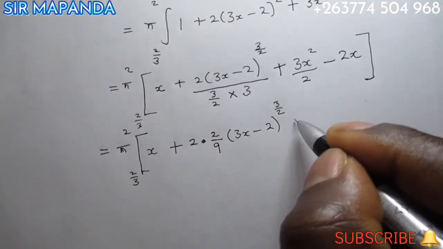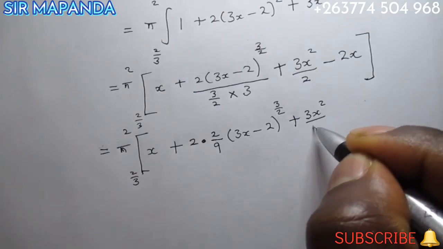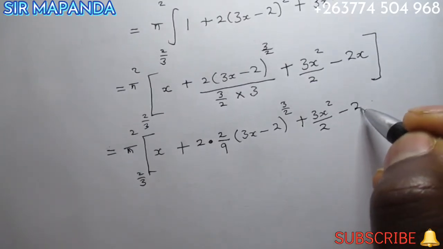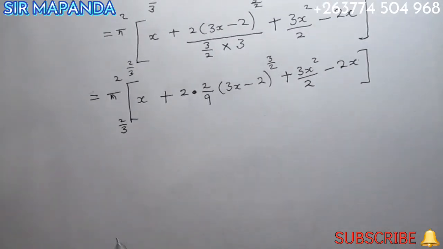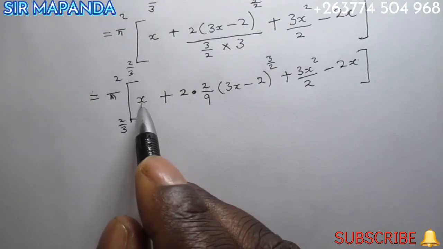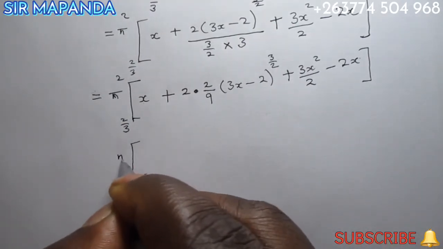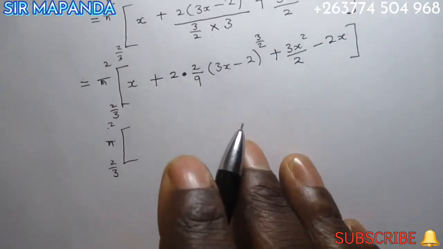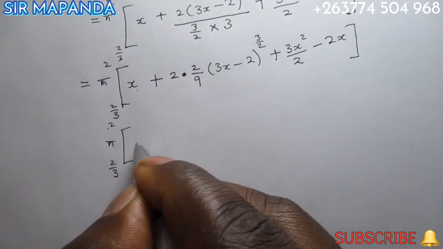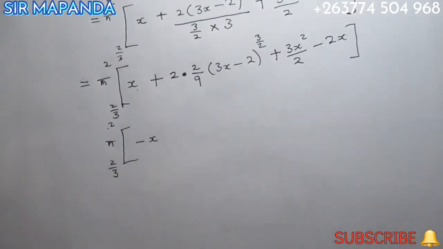Right. Plus 3x squared over 2 minus 2x. Then you close your bracket. You can clearly notice that x and minus 2x are like terms. So let us simplify it further. So x minus 2x, you get minus x, since x and minus 2x are like terms, right?